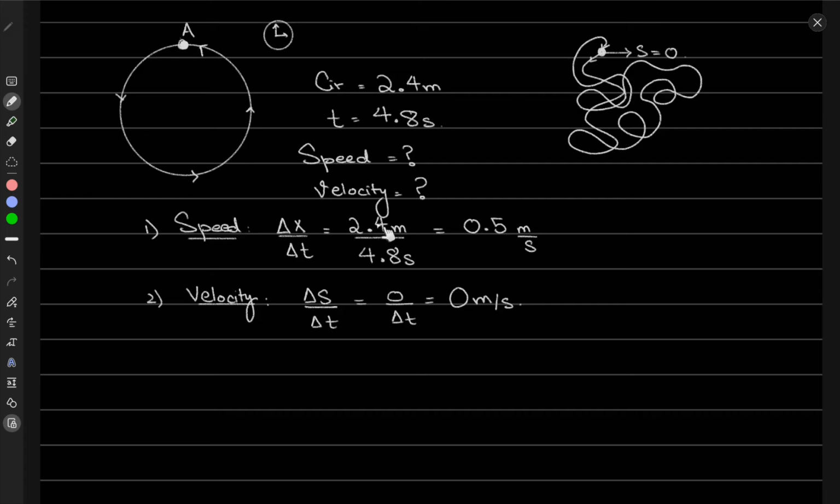And this also helps you to keep your equation balanced at all times. So by doing this problem, we really understood the difference between speed and velocity.